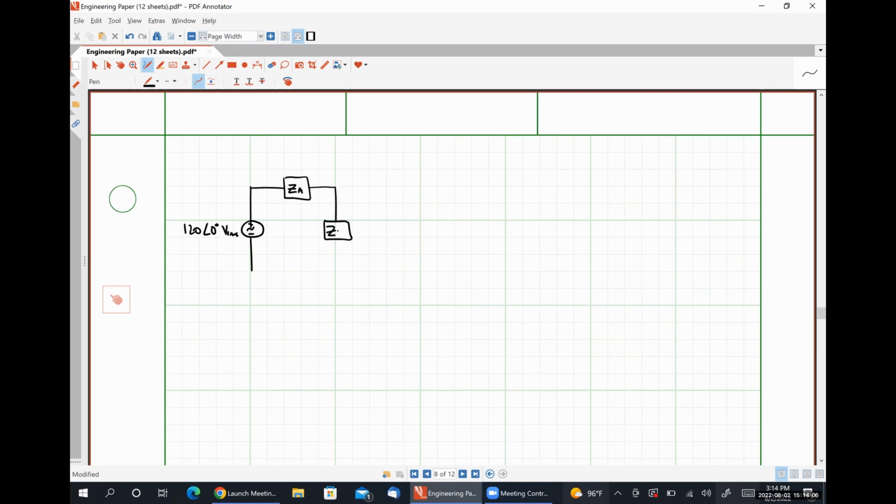Here we have some impedance ZB, which I will also define shortly. Here we have some impedance ZC. And then here is a RMS phasor current source supplying 5 angle 45 degrees amps RMS of current.